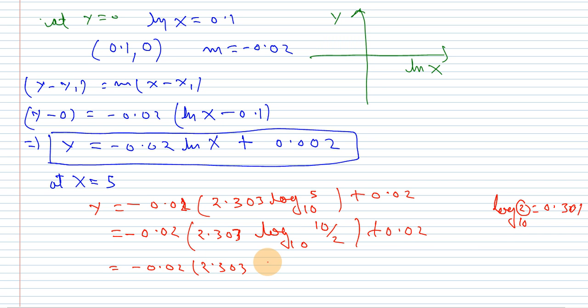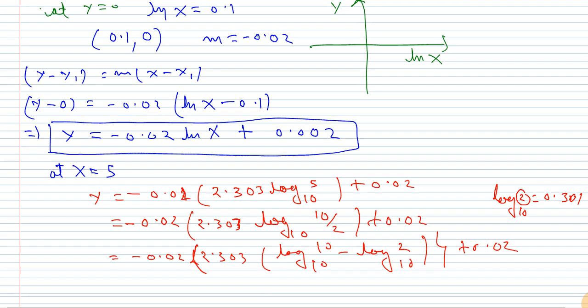So minus 0.02 into 2.303, right? And if we use one of the properties of log a by b, then it will become log 10 minus log 2, plus 0.02.